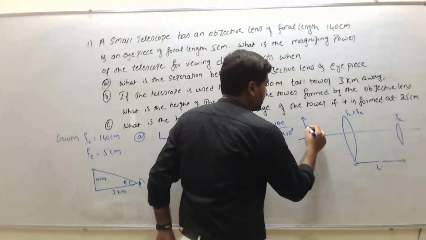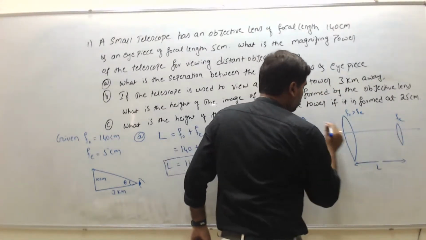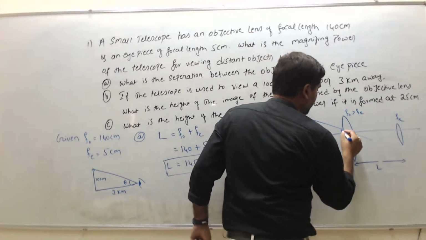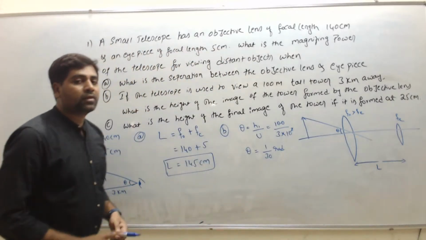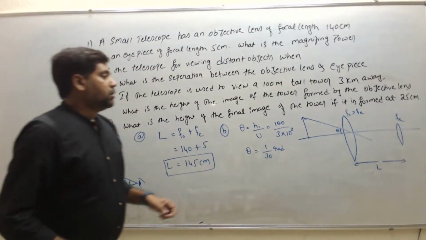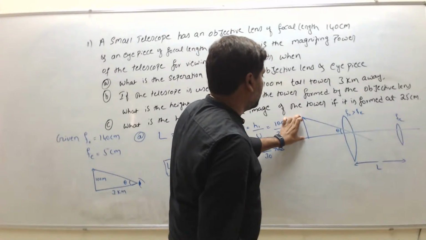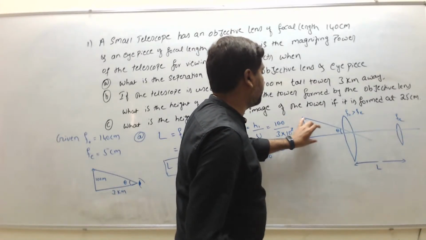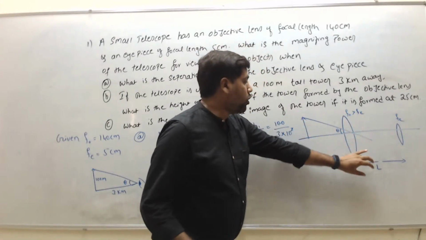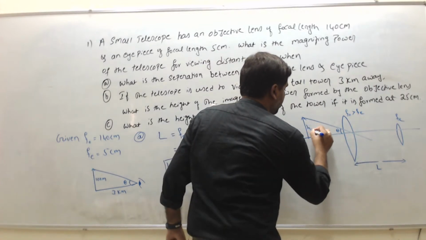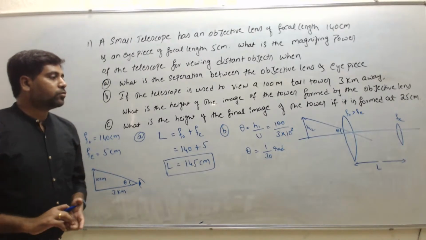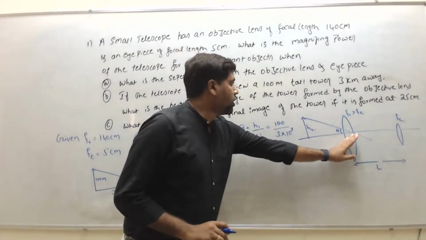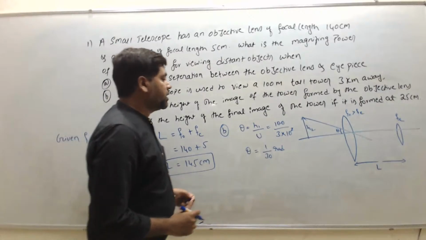If we see through this objective, then one angle is formed, that is theta. We don't know the height of the image when we see through the objective, so I am taking it as h2.